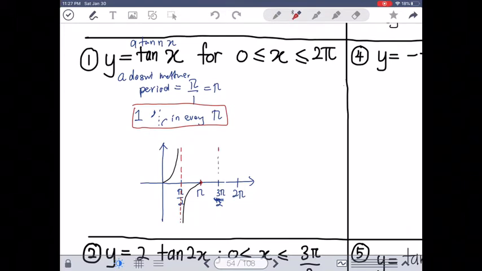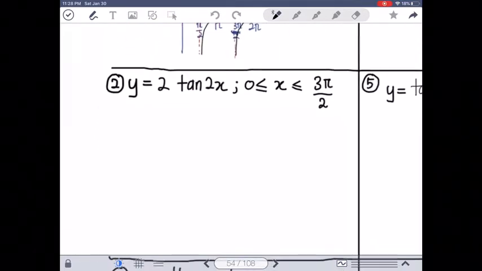There will be one asymptote and another cycle. The graph will go close to the asymptote, but it will never touch it. So basically this is just the graph of y equals tan x.